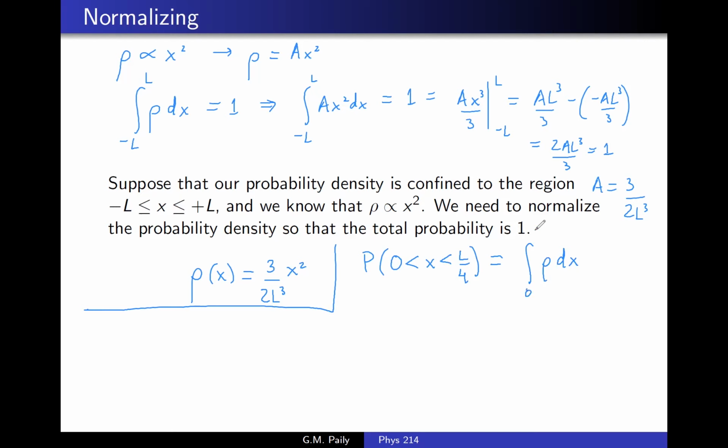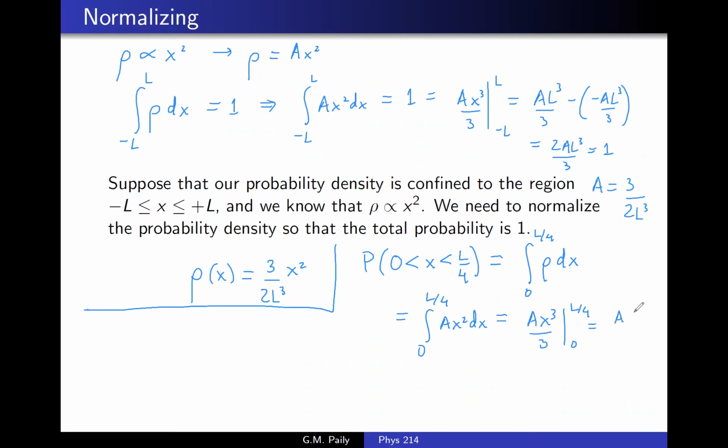So in this case, from 0 to L over 4. So I'll have the integral from 0 to L over 4 of a x squared dx. I know what a is. I'll plug that in later because it's just a constant, so I'll pull that out. So I get a x cubed over 3, but evaluated at L over 4 and 0.